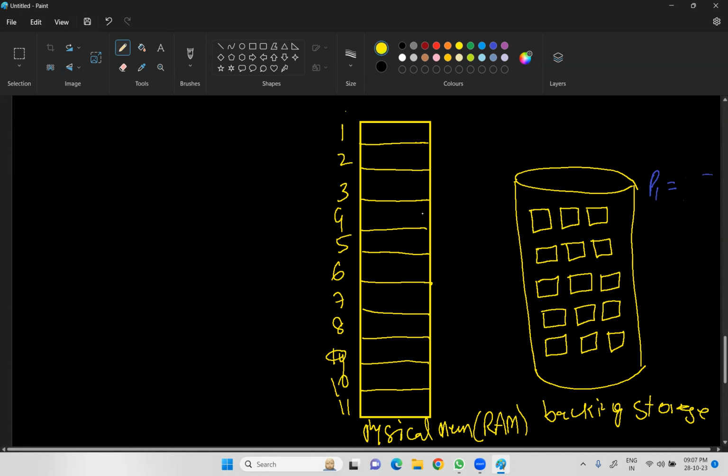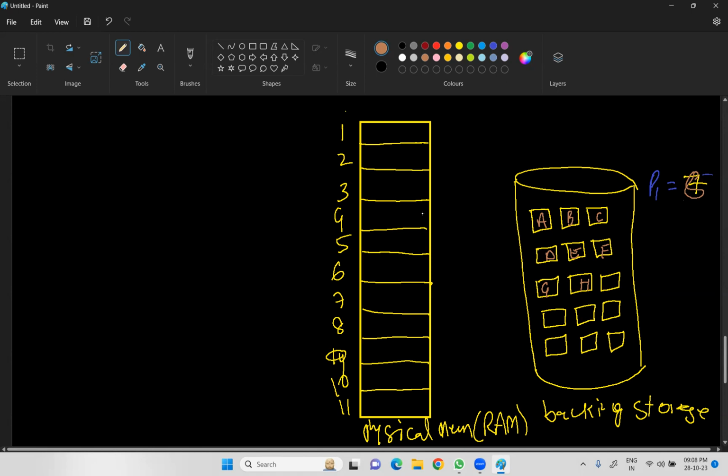Let me say 8 frames are required, the total process is created with 8 frames. So this is frame number A, frame number B, frame number C, D, E, F, G, and H. Totally 8 frames are there with you. If all eight of these frames are loaded into memory, then obviously your process will get completed.